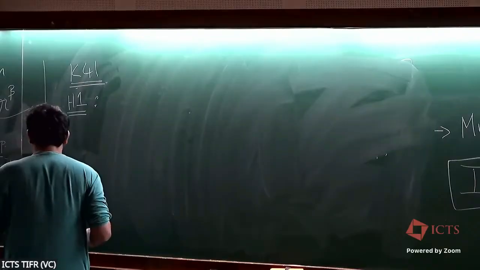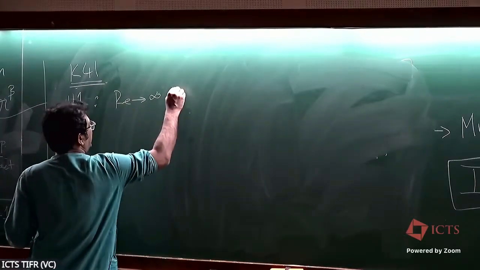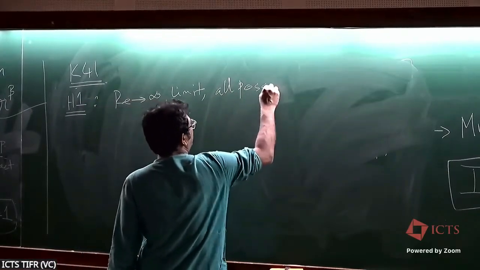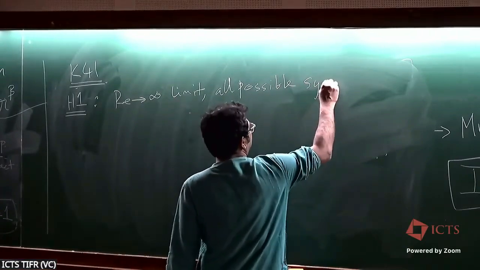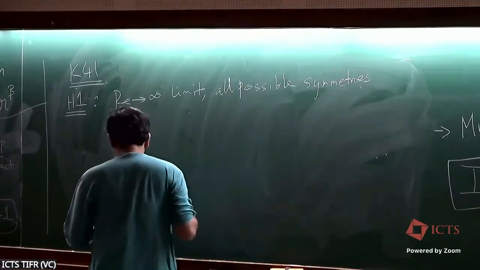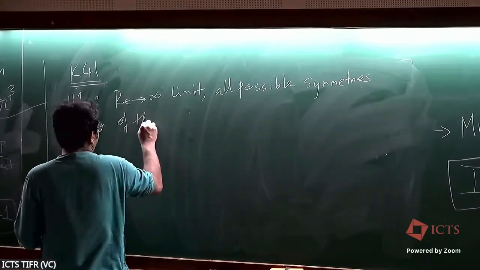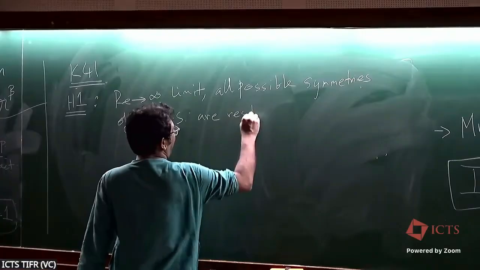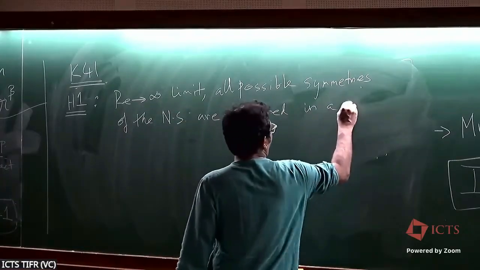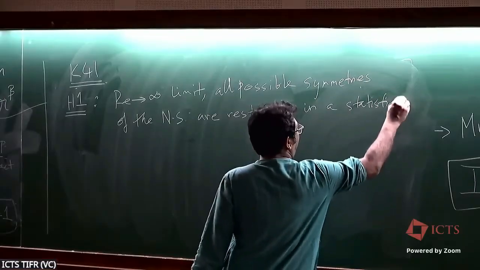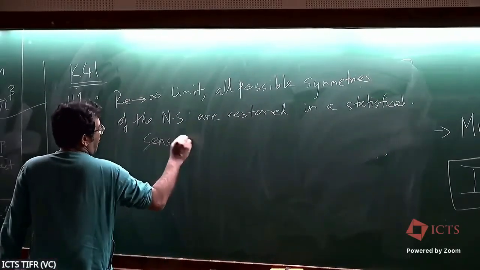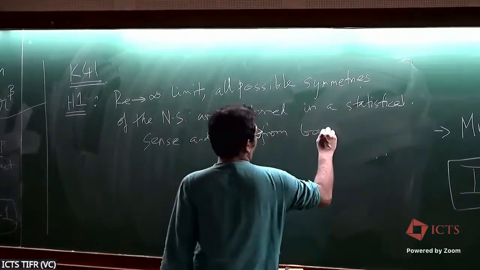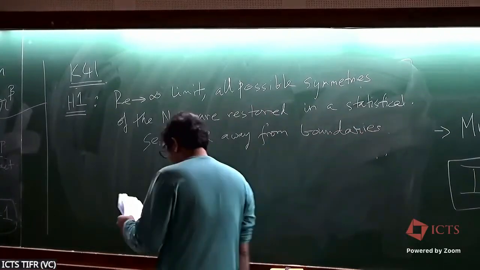So the first hypothesis would be that if I'm in the large Reynolds number limit, then all possible symmetries, which we discussed yesterday, of the NS, Navier-Stokes, are restored, away from boundaries. All right.